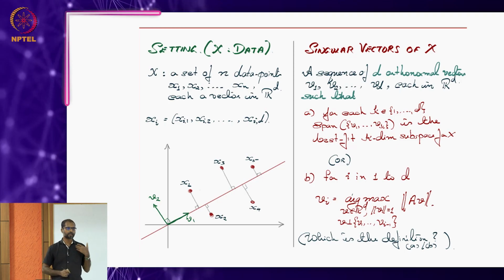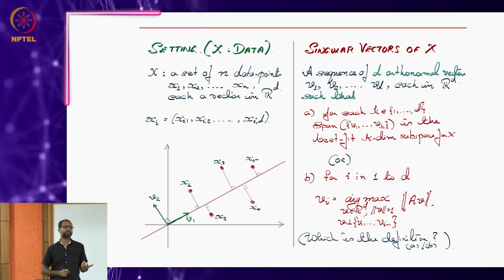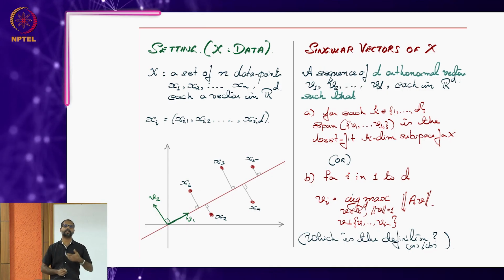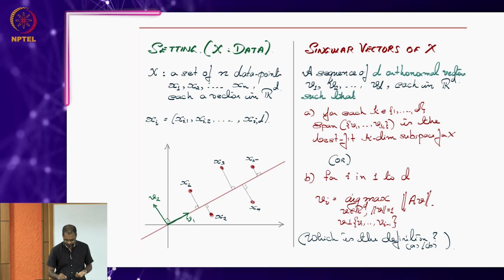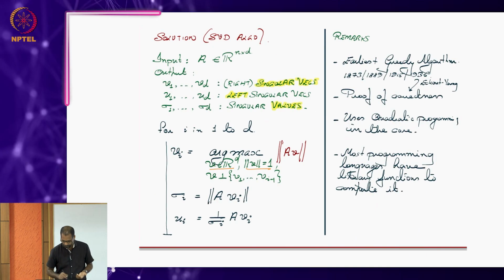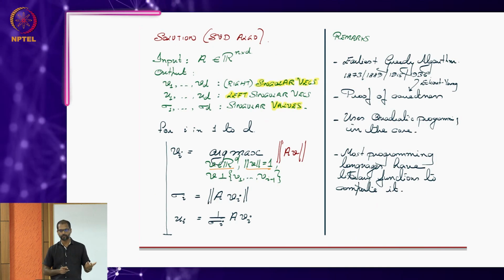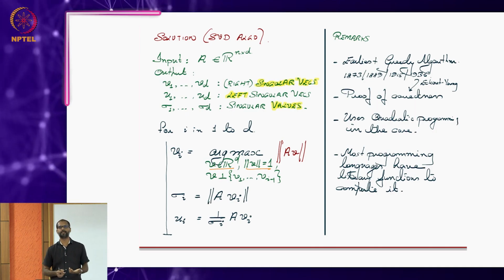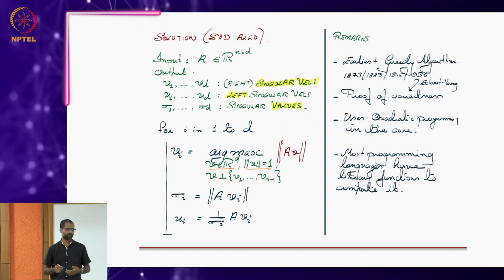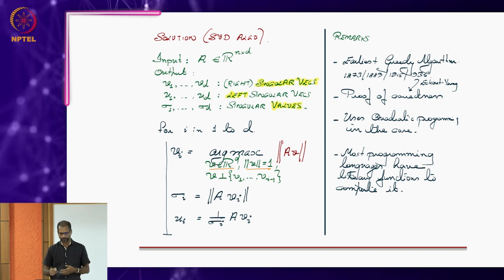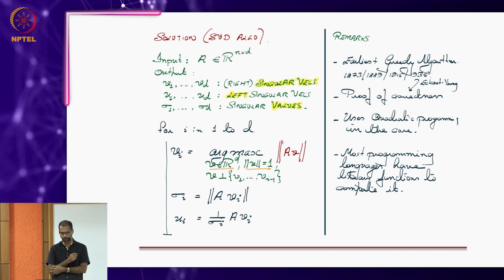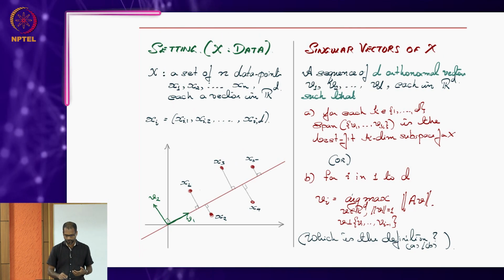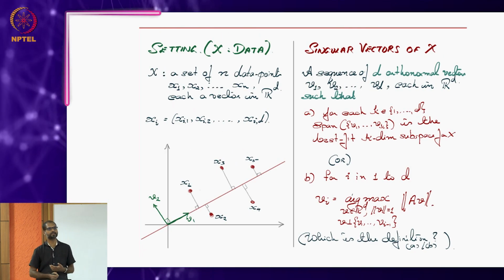It may sound strange in the beginning, but you can really define a thing using an algorithm. You can give an algorithm like this and then claim that whatever V1 to Vd this algorithm outputs are the singular vectors of the data. In fact, many people do that, not the majority, but a significant number. And then you think there are two conflicting or alternate definitions for SVD.